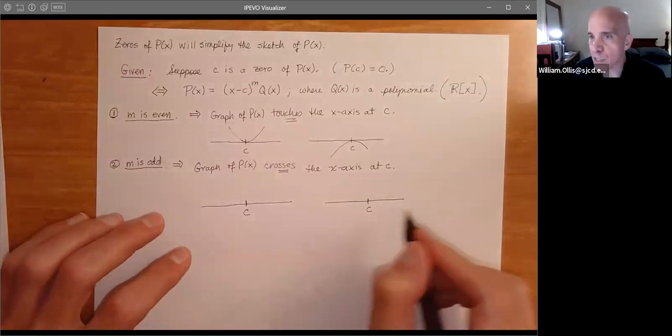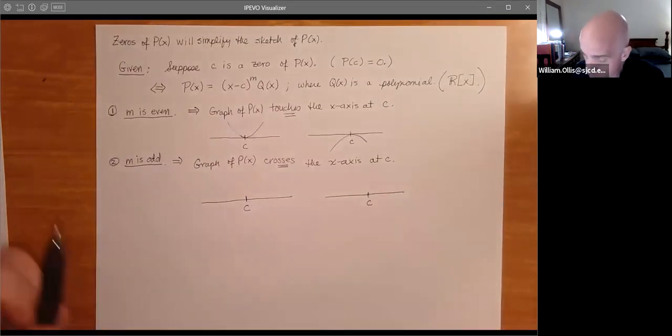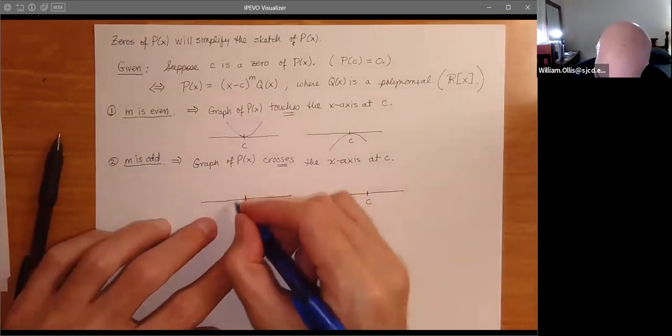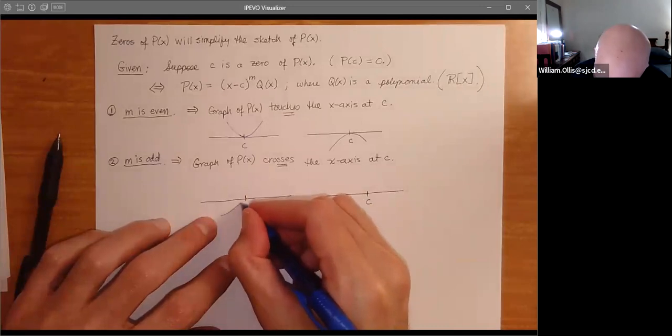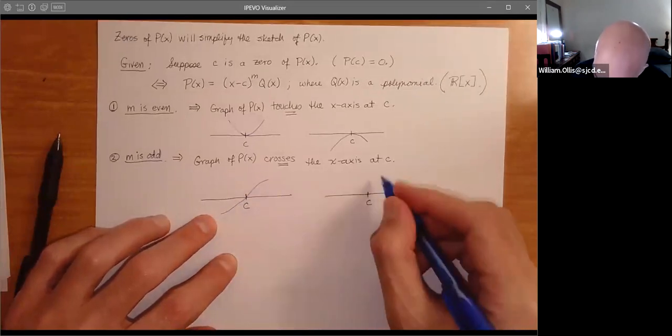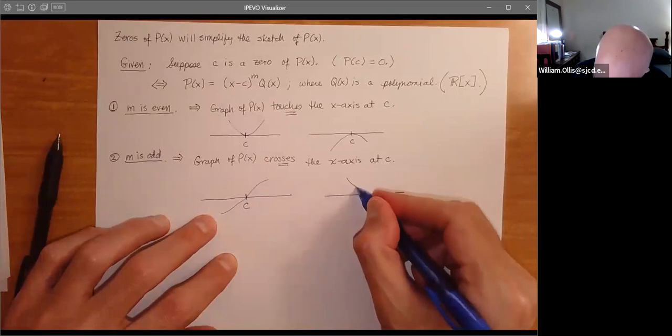This is the BV technique, so to speak. So for instance, we might have something like this, or maybe we have something like this.